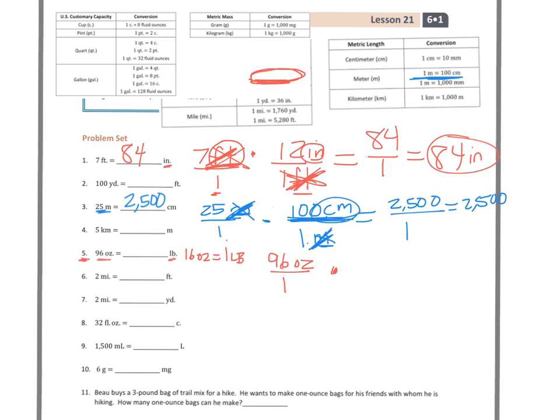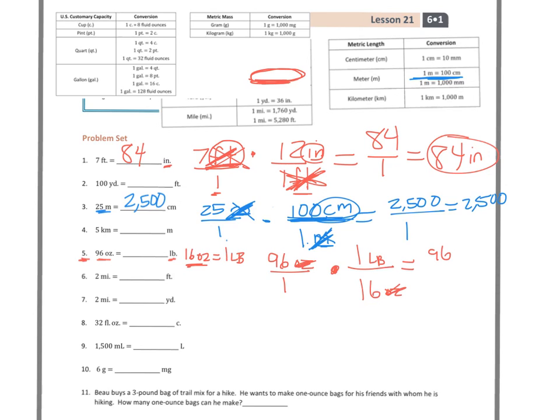Now I want to get the ounces diagonal from each other. So I'm going to put my ounces down here. So that would be my 16 and my 1 pound up top. So notice that I have the 1 pound equals 16 ounces. That's different than the last two that we did. So ounces are crossed off.